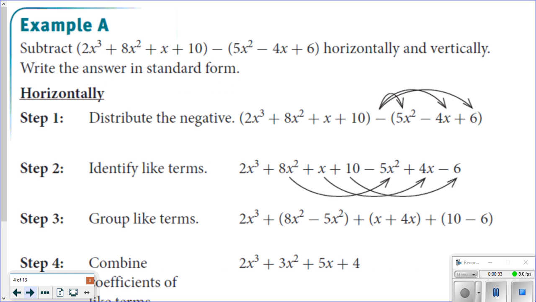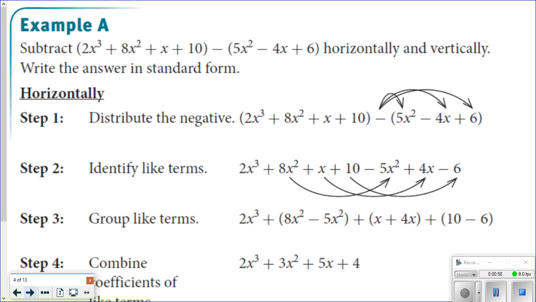So if you're looking on that page, it starts out with example A. To subtract a polynomial, you add its opposite or subtract each of its terms. The opposite of a number is its additive inverse.